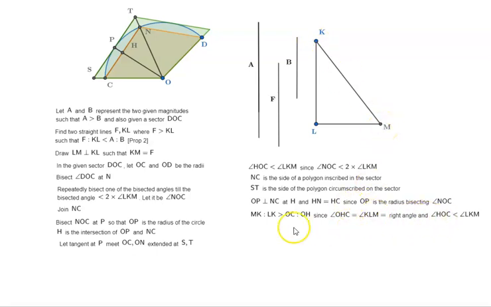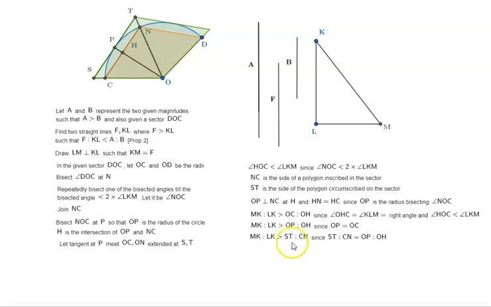So because of these two conditions, we can say MK is to LK is greater than OC is to OH. But OC is equal to OP because they are the radii of the same sector. Which means MK is to LK is greater than OP is to OH.